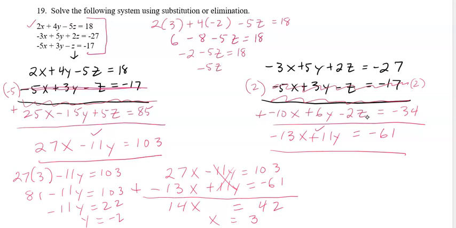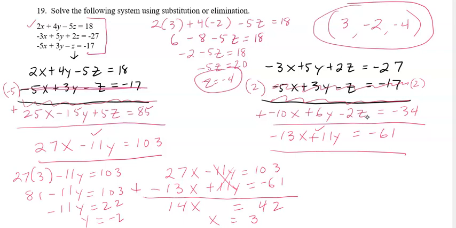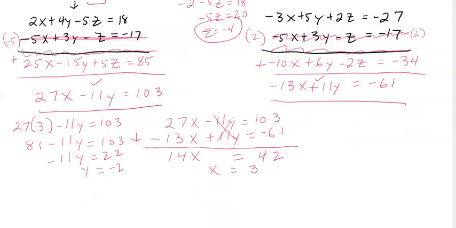Add 2 to both sides, divide by negative 5, and so z is negative 4. So as an ordered triple, 3, negative 2, negative 4 is my answer for number 19.